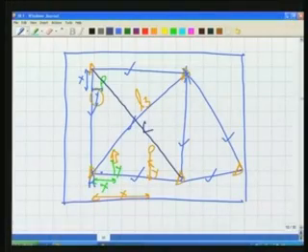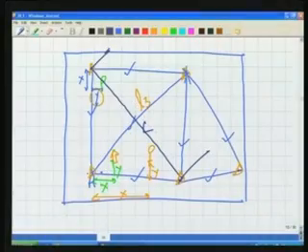Once I have plotted my network here, and all these points are plotted, I check the distance between this point and this point in the network and compare it with the check line which I had measured in the field. If my survey is correct, if my skeleton is accurate, then the line measured here in the map should be the same as the line which was measured in the field.